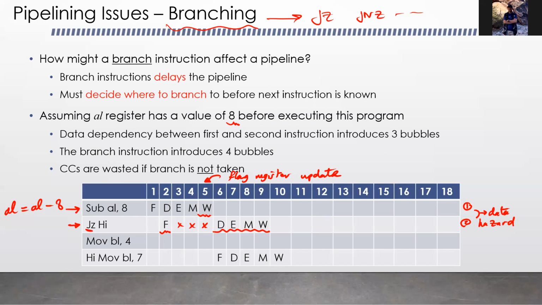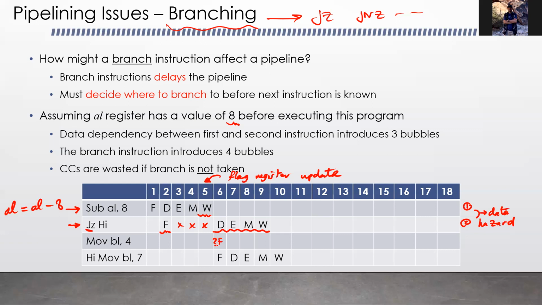Now, can we fetch the third instruction at cycle 6, because the second instruction is now in the decode stage? The answer is no, because that's the type of uncertainty in which we cannot do such an operation blindly.